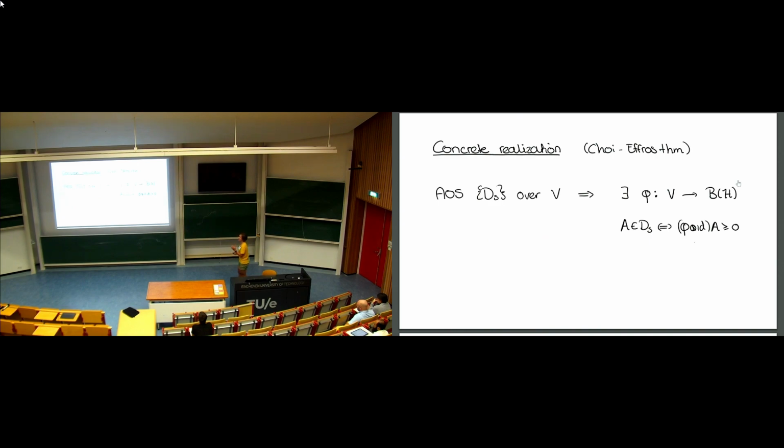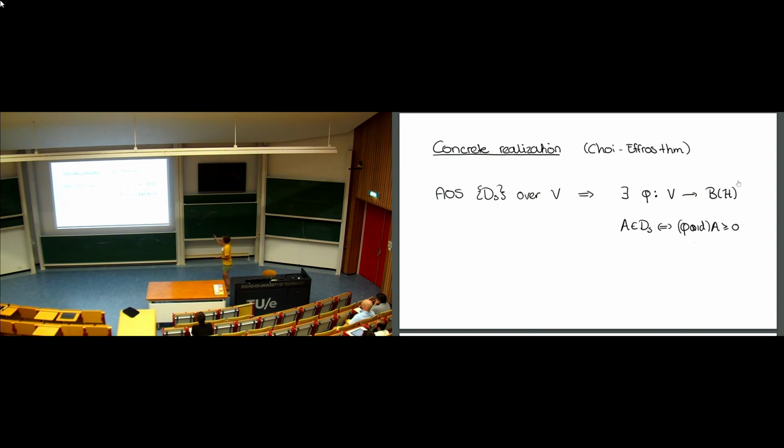So let me just state one more interesting theorem about these abstract operator systems, and this is the Choi-Effros theorem. It says that every such abstract operator system has a concrete realization. What does it mean? It means that there exists a linear map phi mapping our vector space V to the vector space of bounded operators on some Hilbert space.